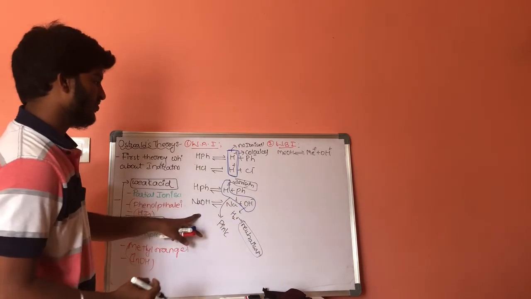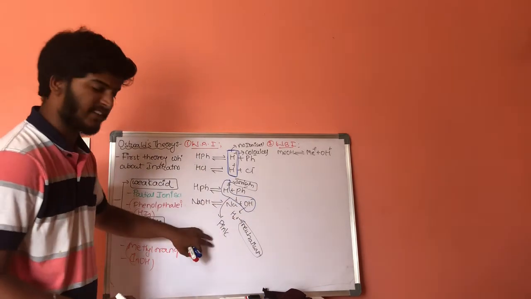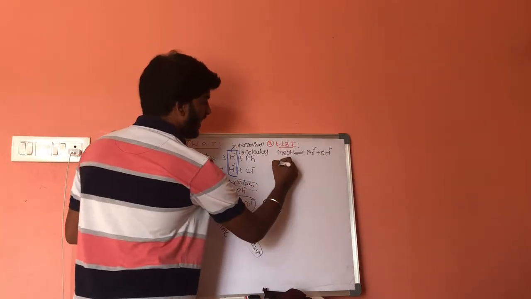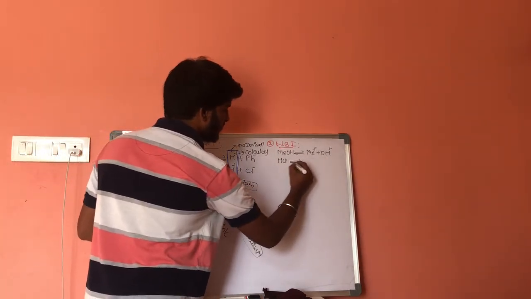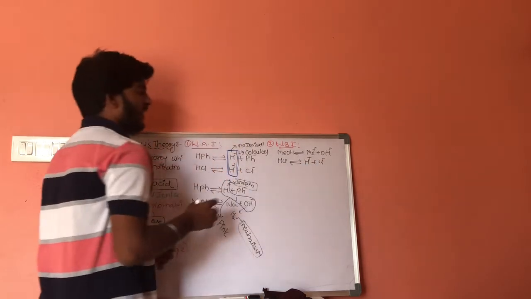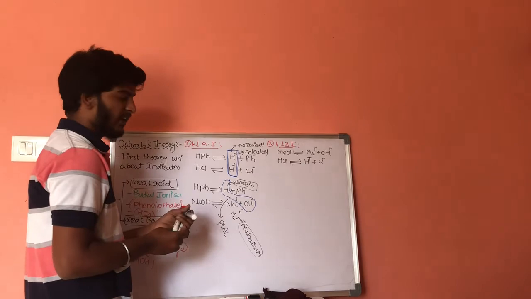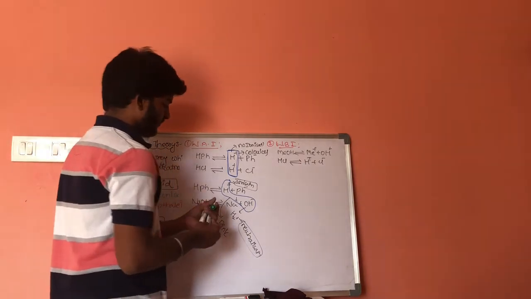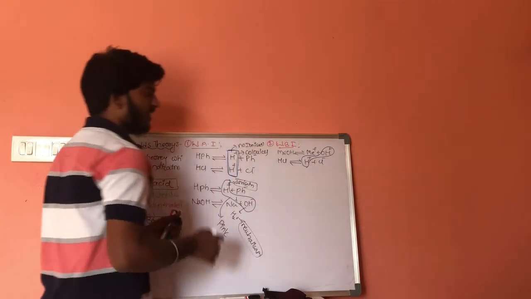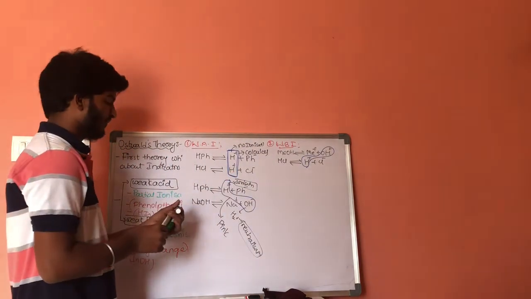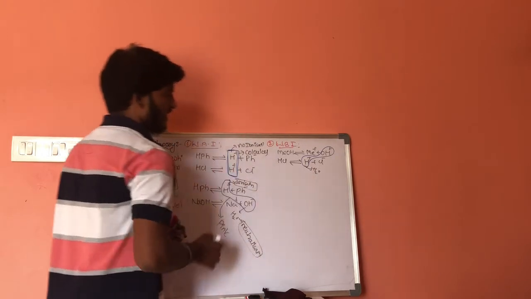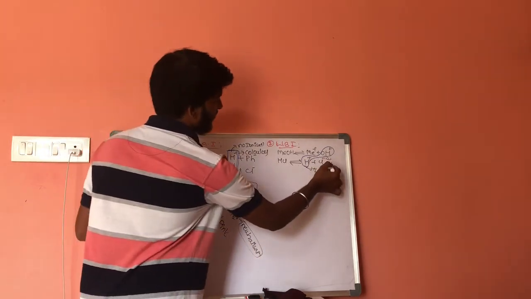If we add HCl, it undergoes complete ionization, H plus and Cl minus. Then there is no common ion effect. H plus reacts with OH minus ions to form water. It undergoes a neutralization reaction, and then ionization takes place.